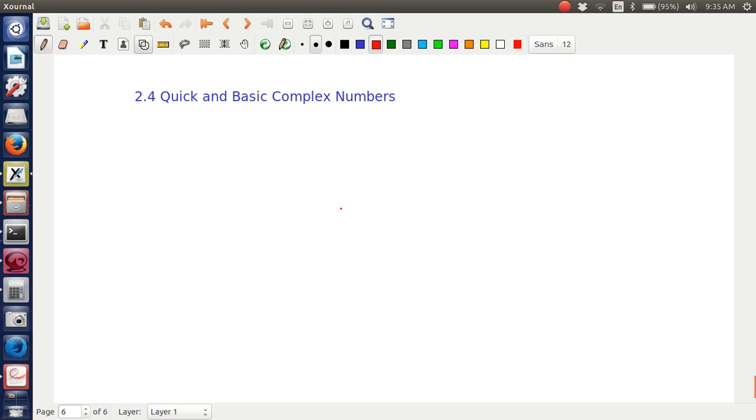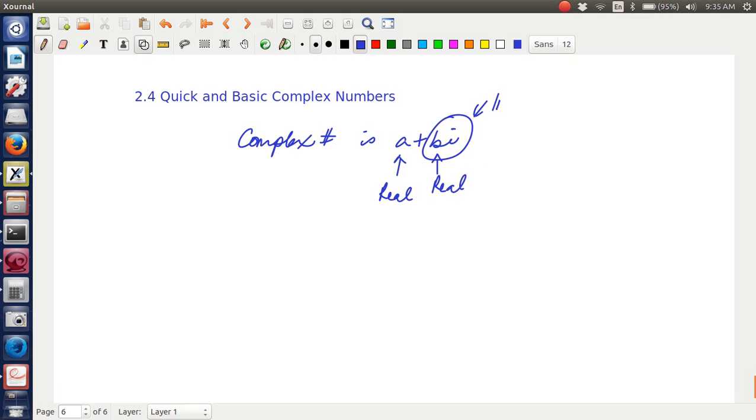Alright, so a complex number is a plus bi, where a is real, b is real, and this quantity bi is called imaginary. So an imaginary number is a real value times i. I want you to think initially of i as if it's a normal variable.